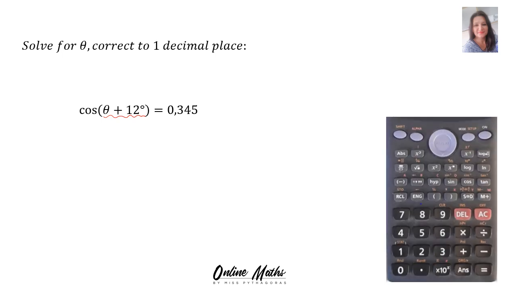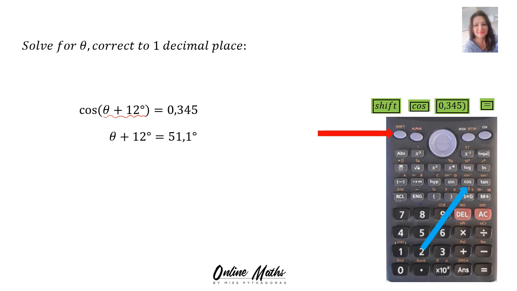So you will say shift cos 0,345 close bracket equals. And now on the left hand side, you will write theta plus 12 degrees equals, and on the right hand side, you write the 51,1 degrees.